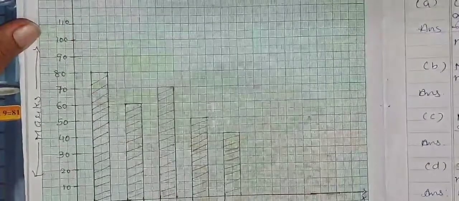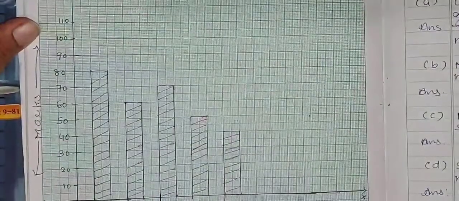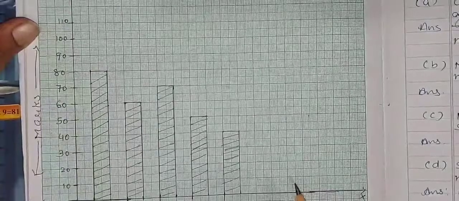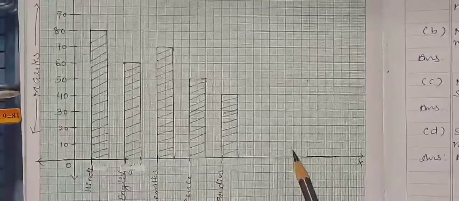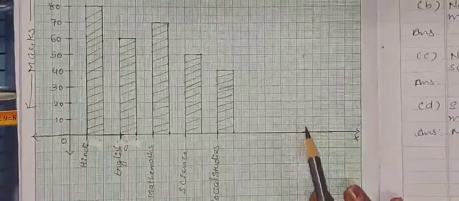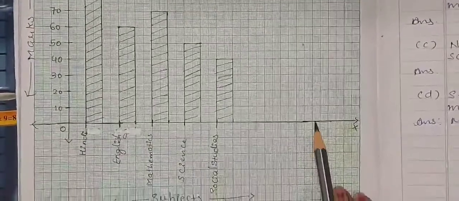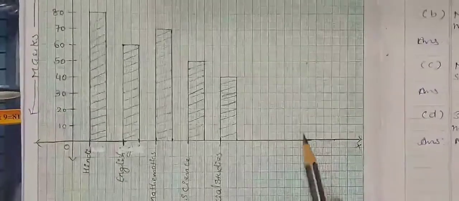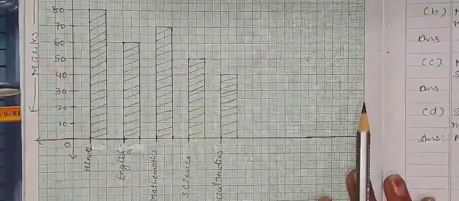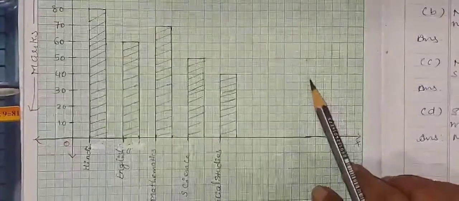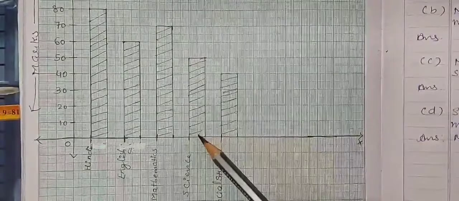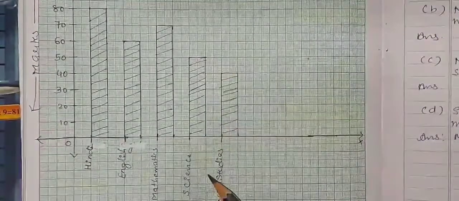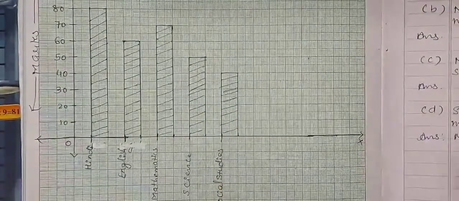Now, what is question A? It is asked, what information does the bar graph give? Here you can see on the x-axis different subjects' names are given and on the y-axis marks obtained are given. So, what information is obtained? The bar graph shows the number of marks obtained by Aziz in half-yearly examinations. So, let us write this answer.